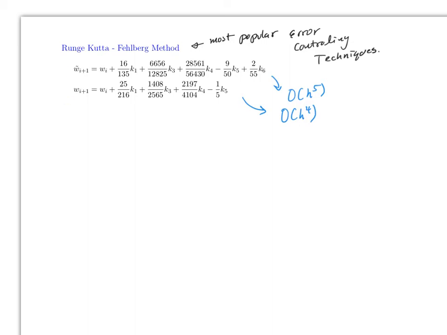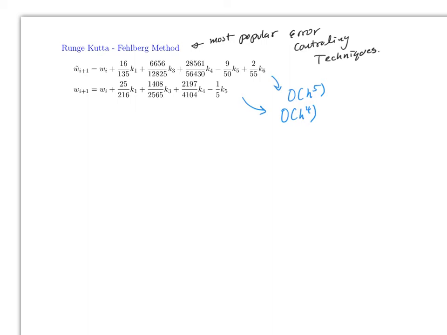The first one is a Runge-Kutta of order 5, and the second one is a Runge-Kutta of order 4. As you can see, this is very, very messy, and it takes a long time to compute by hand, so that's why you want to write a program to compute this.